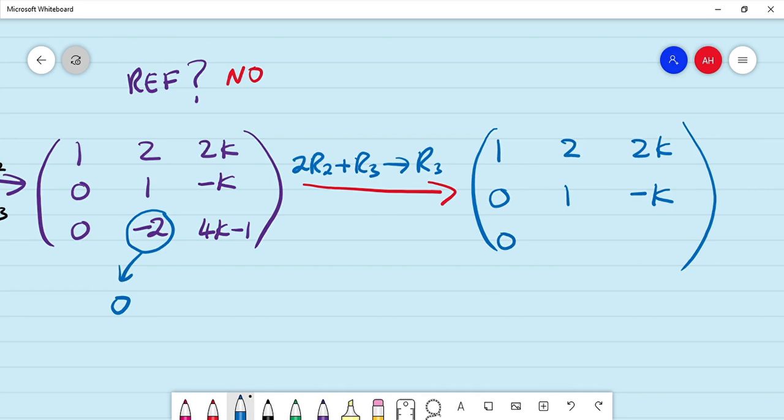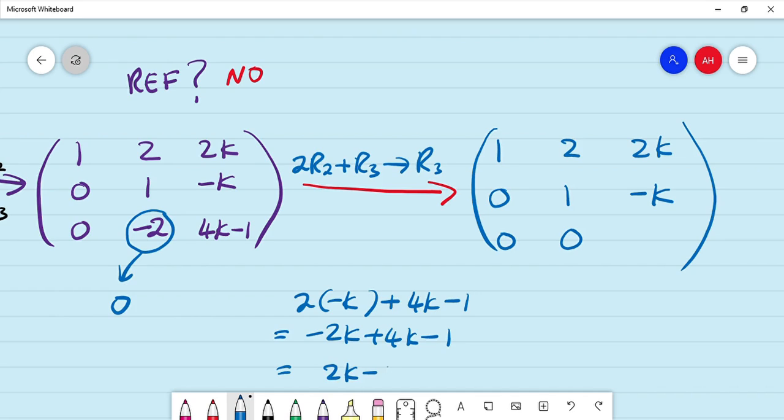Now this is 0 there. 2 minus 2 is 0. Now let's do this operation. 2 times negative k, and then we add with 4k minus 1. Let's simplify this. Negative 2k plus 4k minus 1 is equal to 2k minus 1.